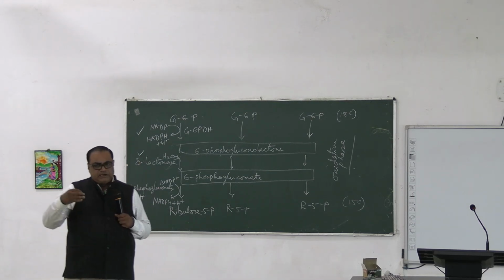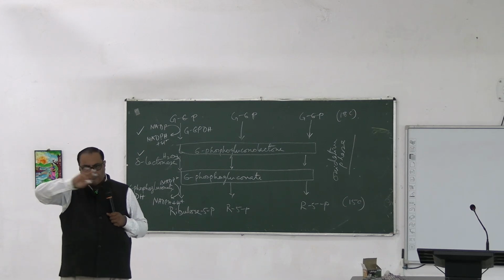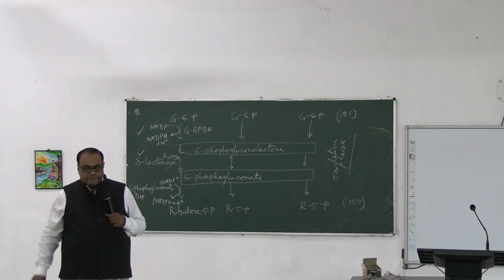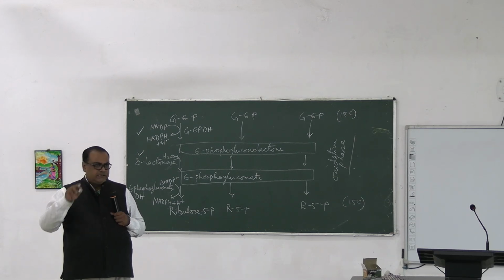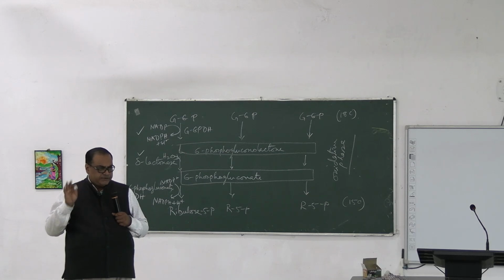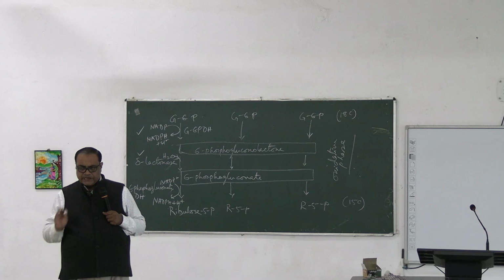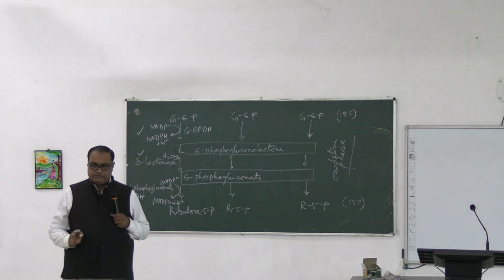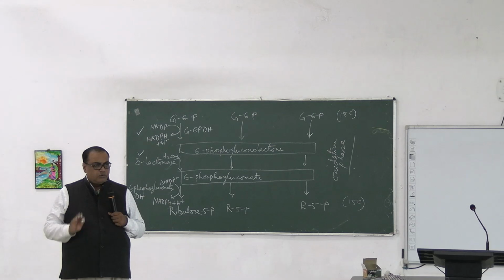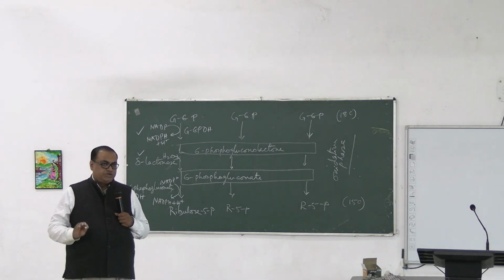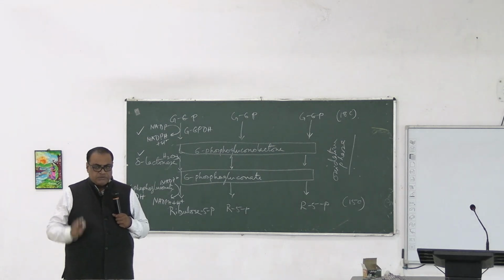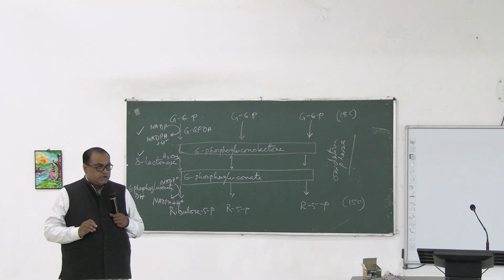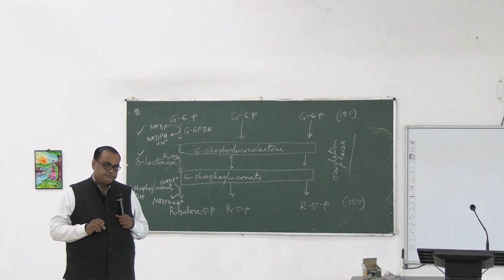And they omitted the delta lactonase step. Many books you will find. But remember, first and third, if delta lactonase is there, otherwise first and second, these 2 steps only are the only 2 steps in our whole body which are responsible for production of NADPH.